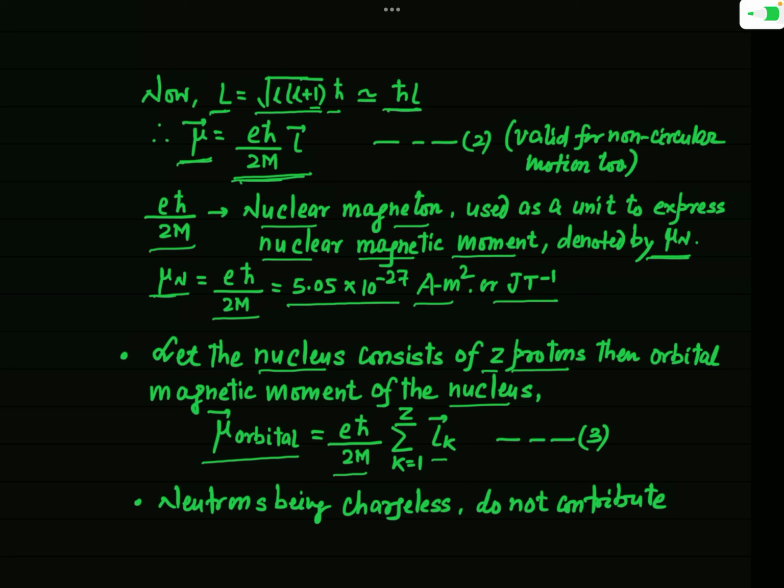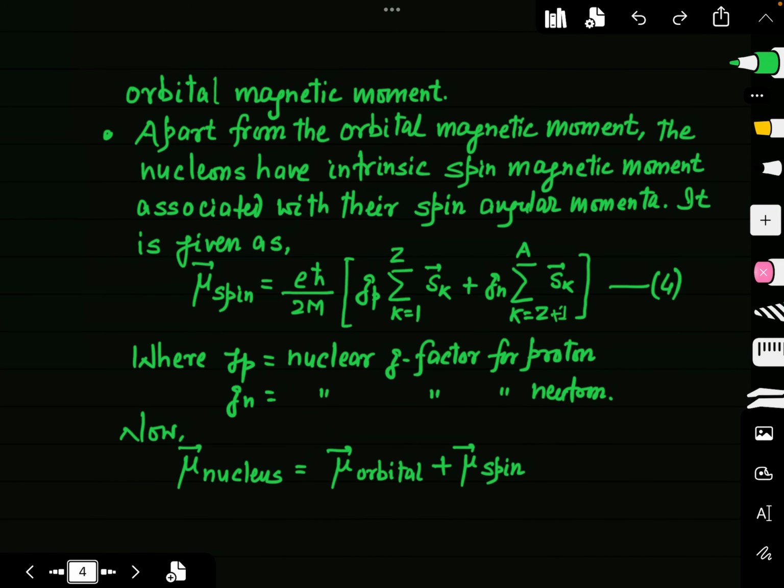So when we add vectorially the magnetic moment due to the orbital motion of every proton, we get the magnetic moment due to the orbital motion of the protons. So this equation 3 represents the orbital magnetic moment of a nucleus containing Z protons. Okay, this is just a simple calculation. And as I have told you earlier, neutrons are chargeless, and so they do not contribute to the orbital magnetic moment. Okay.